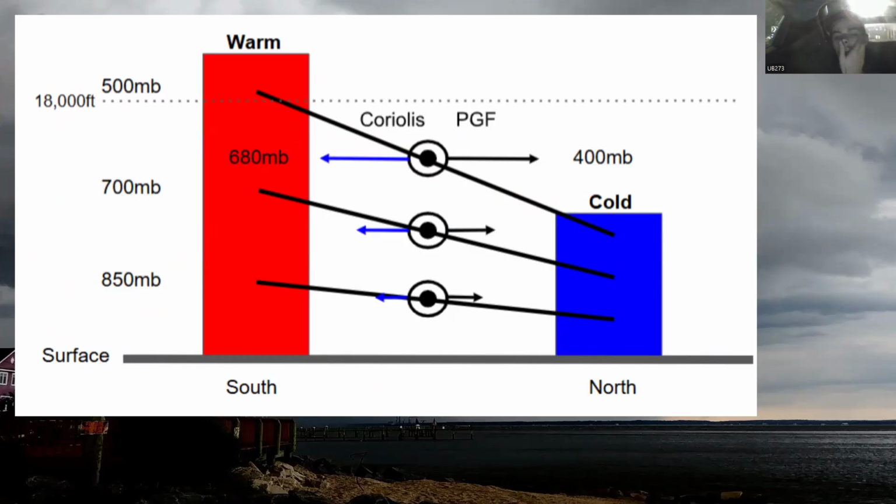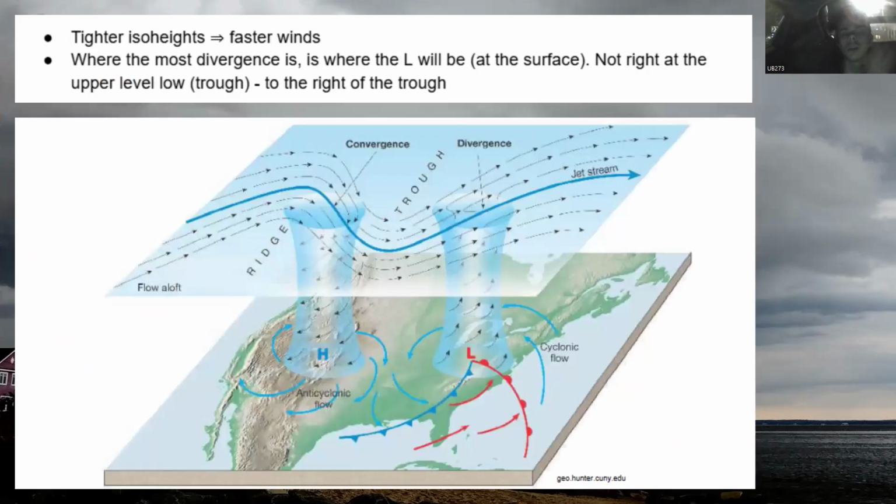So Coriolis, remember Coriolis and pressure gradient force are going to be the two primary forces that there will be. We already talked about those before, so review that if you need. But if the ISO heights are closer together, we have faster winds, just like how if we have pressure lines close together.